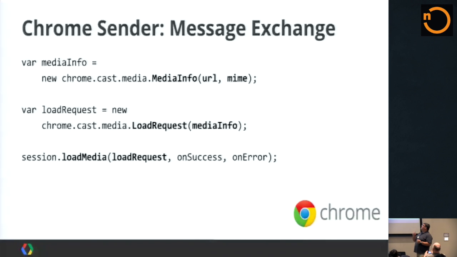So the next step will be to start defining metadata about the movie that you'd like to play, or the media. So here you can pass in the URL and the MIME type. So we know, is this an image, is this a video, whatever it is. And then you'll create a load request. So load is kind of like play the video. This is a video I'd like to load.